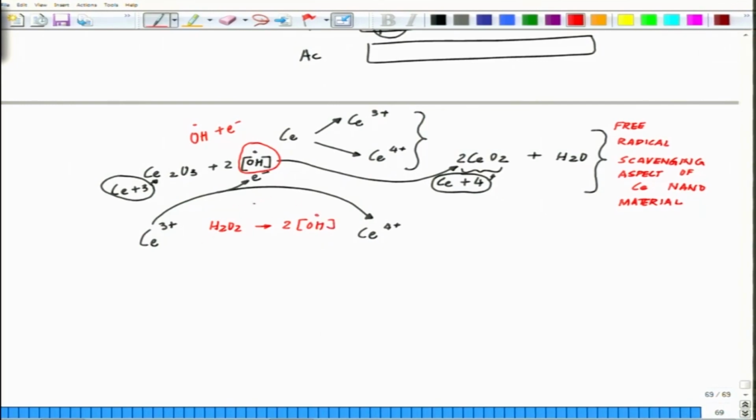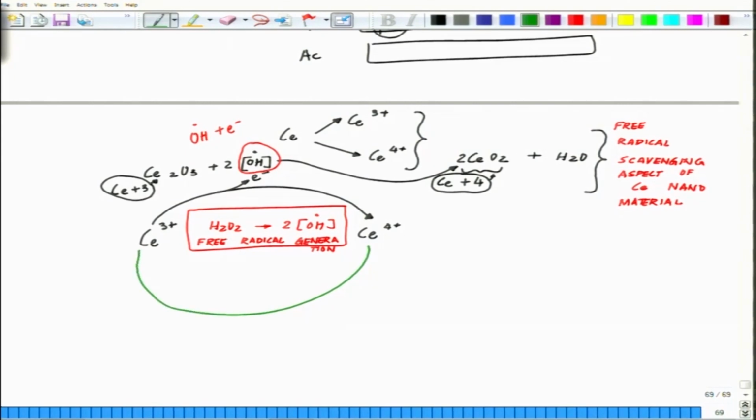This is how free radical generation happens in hydrogen peroxide. Now, this Ce4+ state of ceria reverts back, or it gets reduced.